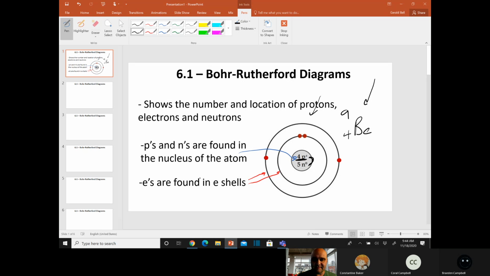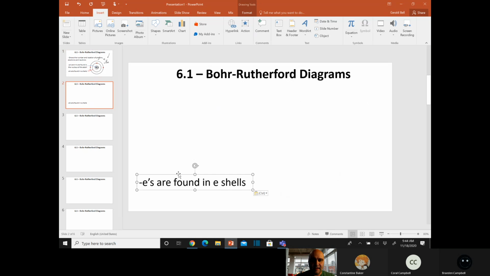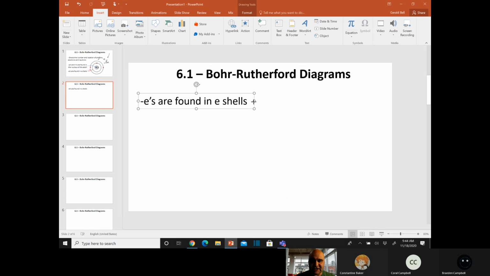So moving on here. All right, so talking about these shells, we have 2 rules. Let's call it 2 rules to follow for drawing.